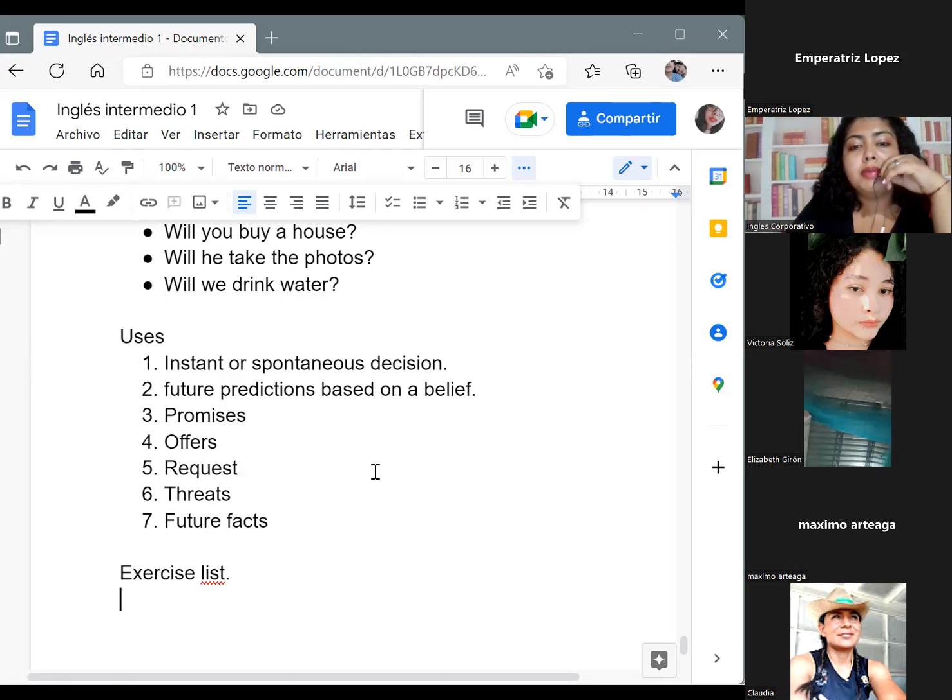So you have 5 minutes right now and we are going to write the list. If you have already your sentence, you can begin writing in the chat and I'm going to write it in the document. Cuando ya las tengan, solo las escriben en el chat y yo las voy a ir escribiendo en la lista del documento. So, let's begin right now.